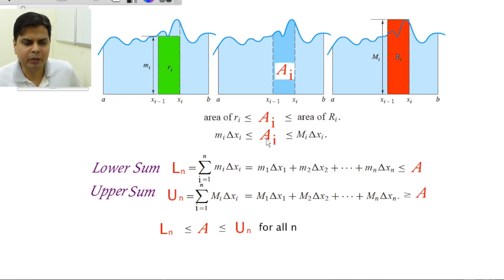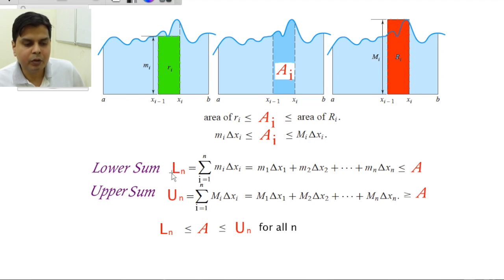Now this is a very simple inequality. If you add this inequality for all the subintervals from 1 to n, what you will get? Summation i equal to 1 to n, mi delta x will be this thing. Now since each of the individual terms is less than ai, if you add this side you will get the total exact area I am trying to find out.